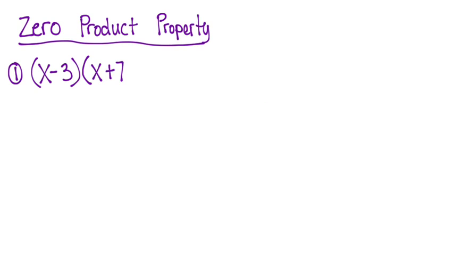So the first thing we're going to talk about today is the zero product property. And this says, and this was in Hidden Figures, that if a product is equal to 0, if an equation is equal to 0, like y equals mx plus b, or in our situation, a quadratic equation, when y equals 0, then we're solving for our x-intercepts.